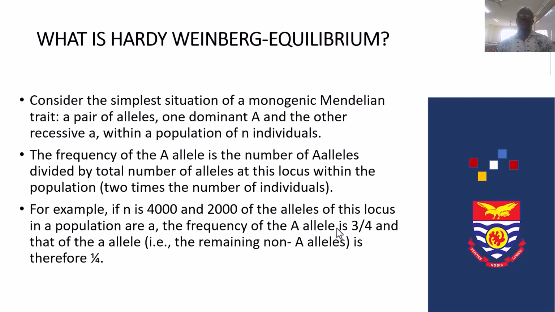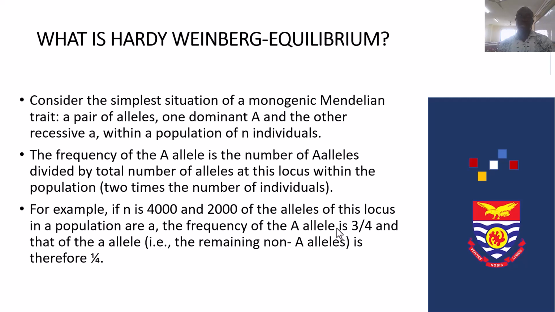Consider the simplest situation of a monogenic Mendelian trait, a pair of alleles, one dominant A and the other recessive a, within a population of n individuals. The frequency of the dominant allele is the number of those alleles divided by the total number of alleles at this locus within the population, 2 times the number of individuals.